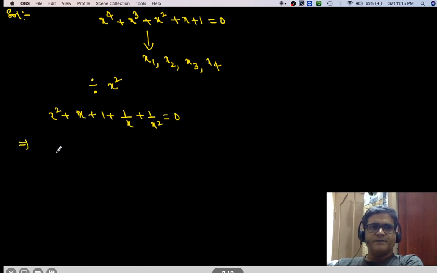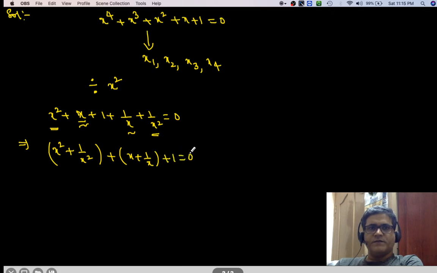Now rearrange the terms, club these two terms and these two terms. Then the first bracket is x square plus 1 by x square, plus the second bracket is x plus 1 by x, plus 1 is equal to 0.